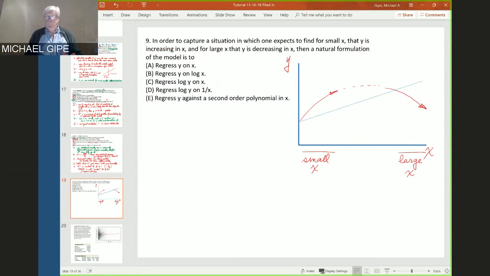We can't use a linear model to describe that kind of reversing relationship. So we can't do this. Not a linear relationship.